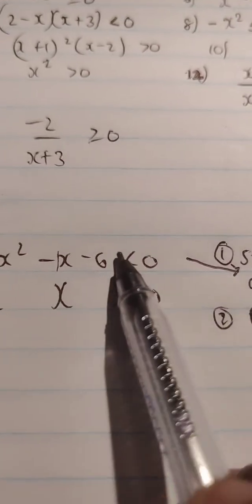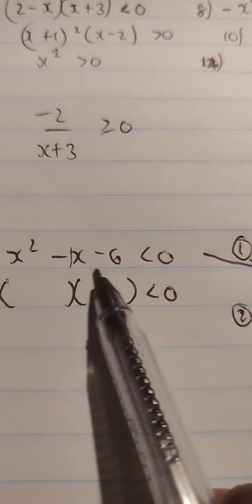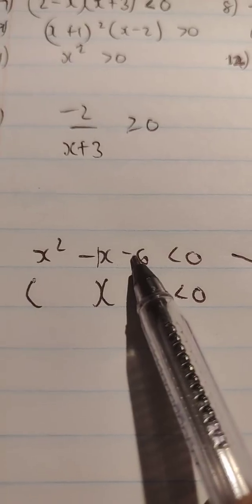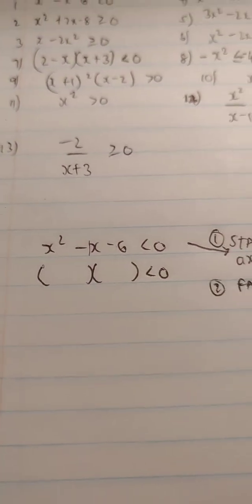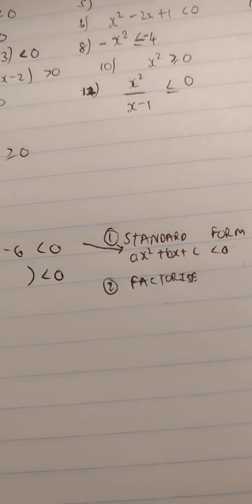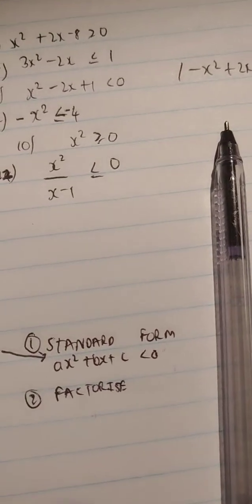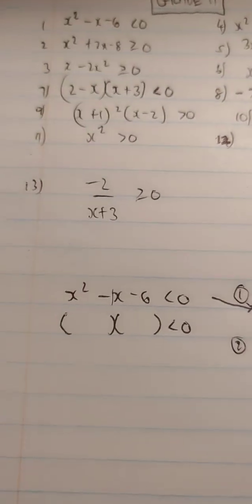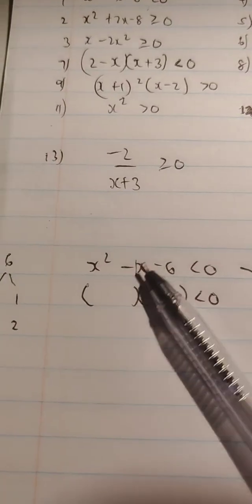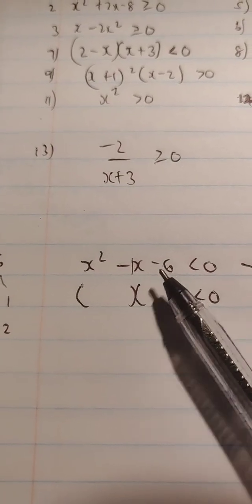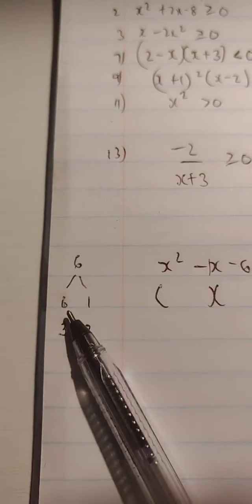But remember, when the sign of the constant term, the last term, is negative, it means we are going to have different signs.